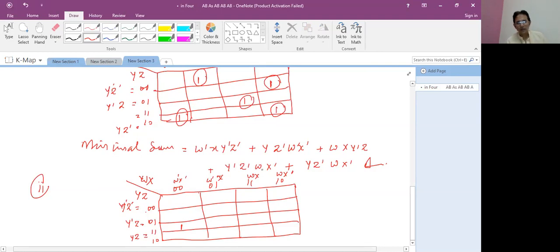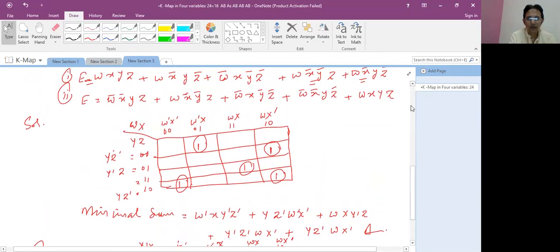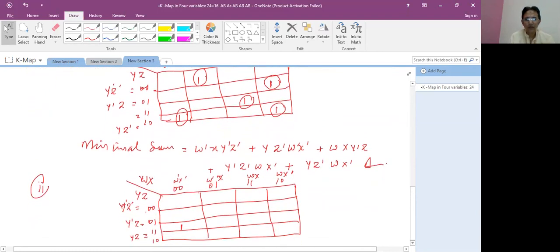So X and Y complemented means X complemented and Y complemented, but Z, W not. For the second expression, second term, X complemented and Y complemented means this one.